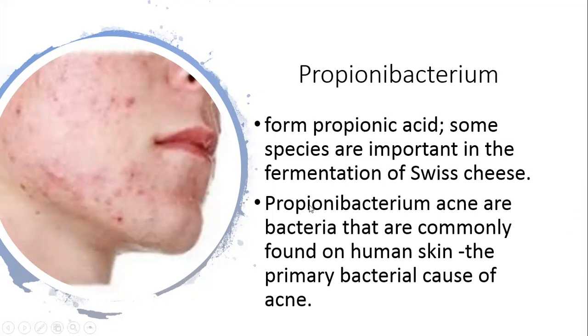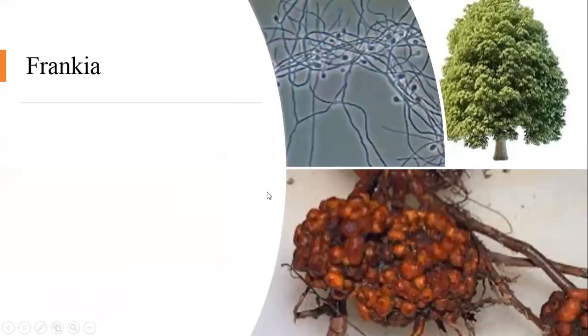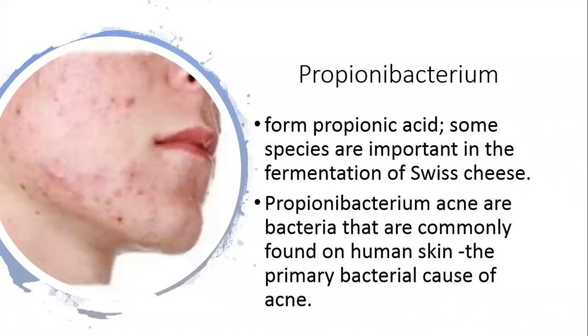They are normally present on the skin, but once they get an opportunity to cause infection, or your skin balance, moisture or pH is altered, and skin hygiene is not maintained, they get a chance for infection, and they are the basic cause of acne. So Propionibacterium are not only producers of propionic acid, but a few of its species are also pathogenic, like I told you, Propionibacterium acnes.